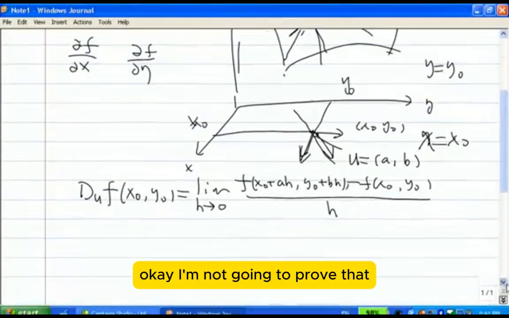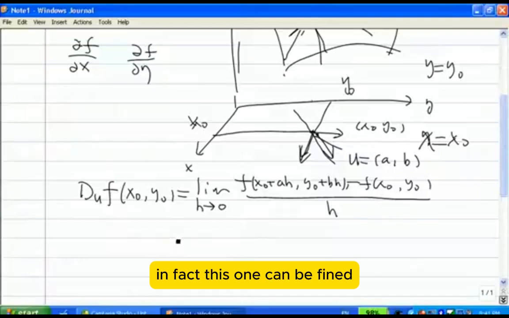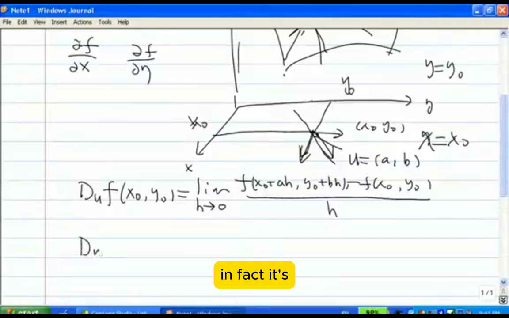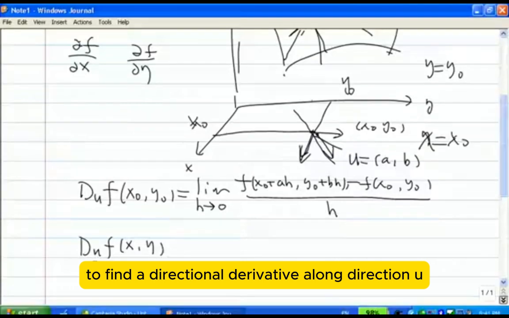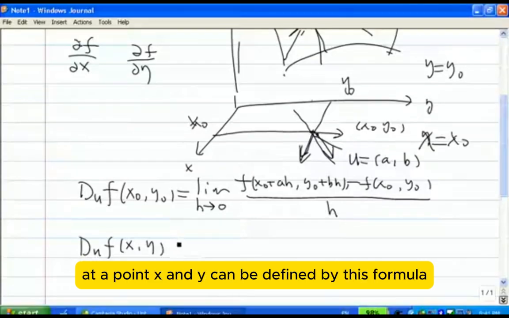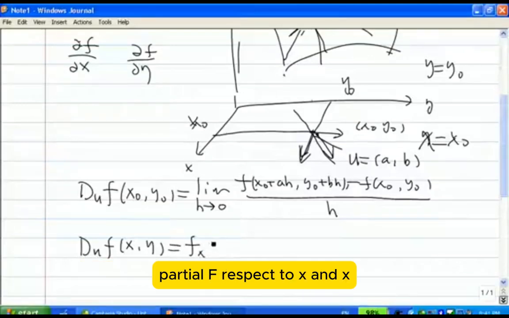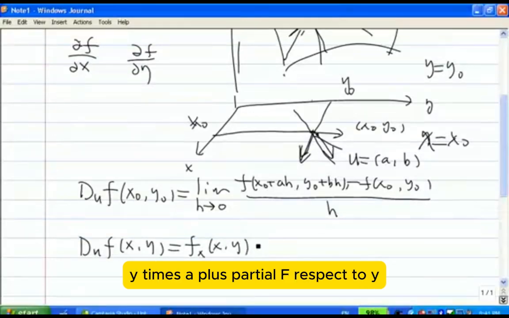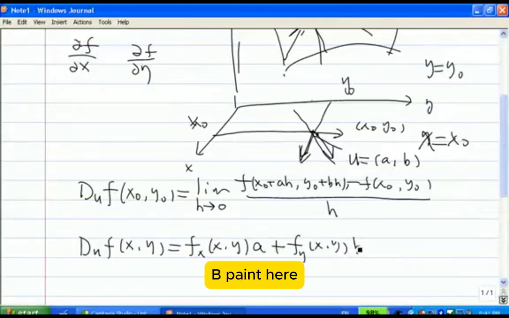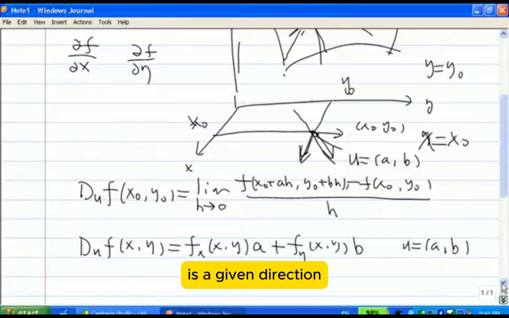I'm not going to prove that, but in fact, it can be proved that the directional derivative along direction u at a point (x, y) can be found by this formula: partial f with respect to x at (x, y) times a, plus partial f with respect to y at (x, y) times b. Here u equals (a, b) is a given direction.